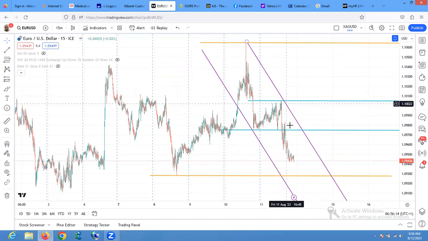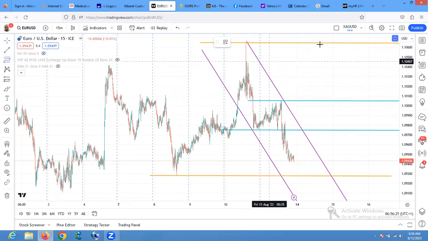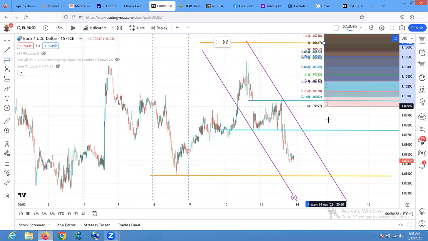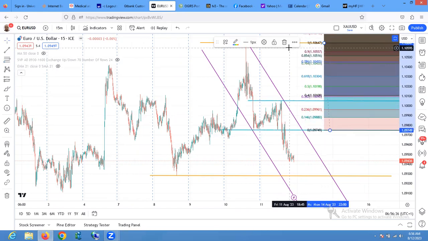the correction up here, because this is a major correction, is not even at 50. So you can see it's not at 50, it's even below 38.